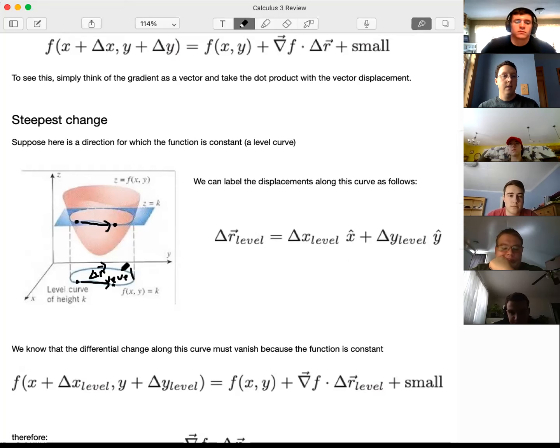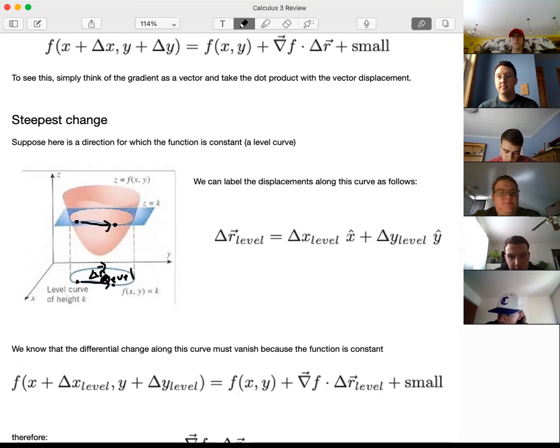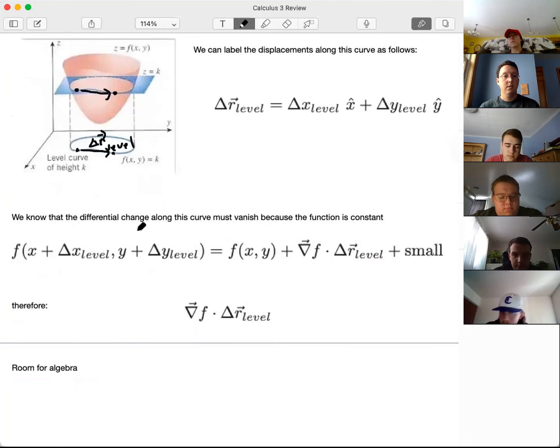Now, by definition, how much does the function change as I walk from the first point to the second point along a level curve? How much is it changing? Zero. Yeah, that's right. It's not changing at all.